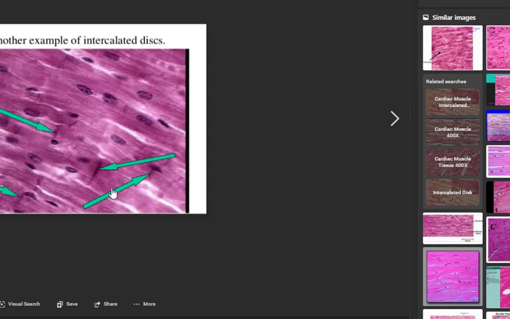So if you look, it's kind of bundling this up, and then some of this branches off and bundles off with that one, and it goes off to this one. And so when an electrical message goes through and says, all right, it's time to beat, we need every muscle fiber to contract, then the message can go through these intercalated discs, because there's actually gap junctions in there, holes that allow the messages to go right from here through right there, over there.